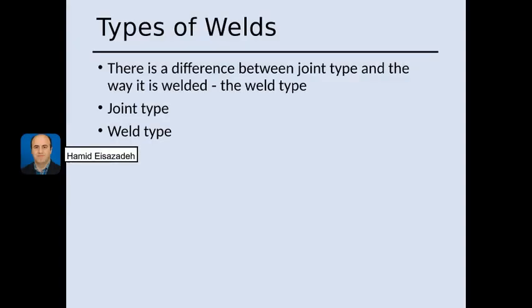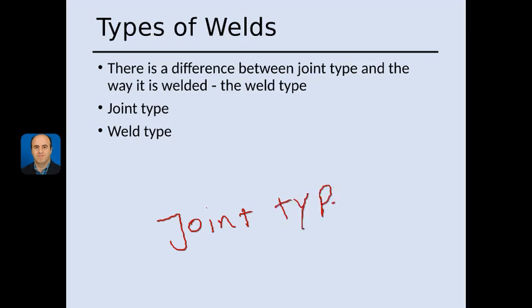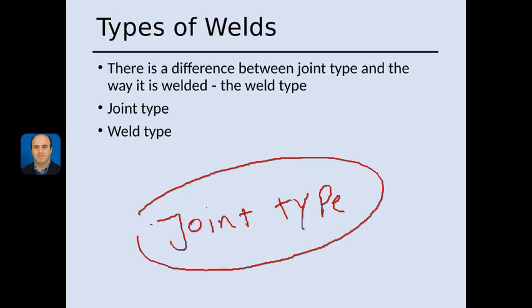So far we talked about various welding processes. Now we are going to look at two types of welds. We have numerous joint types or configurations, but the weld type is only two.